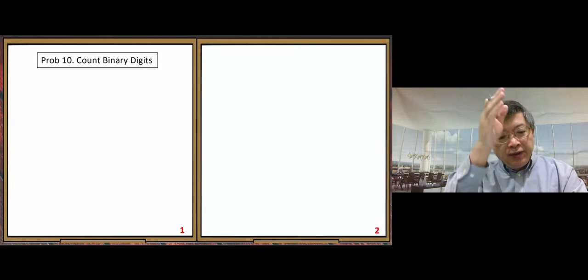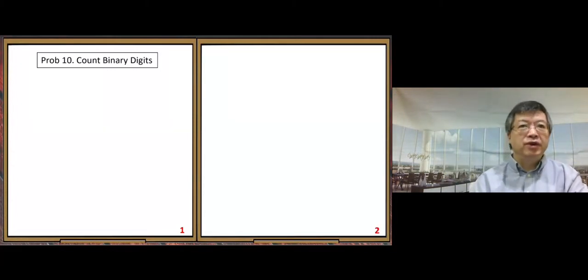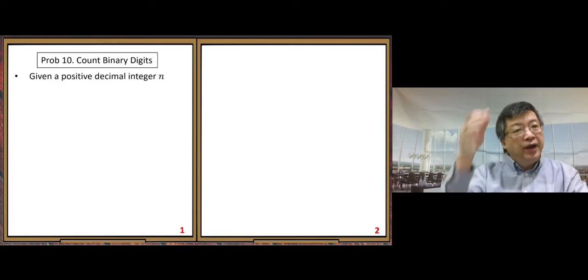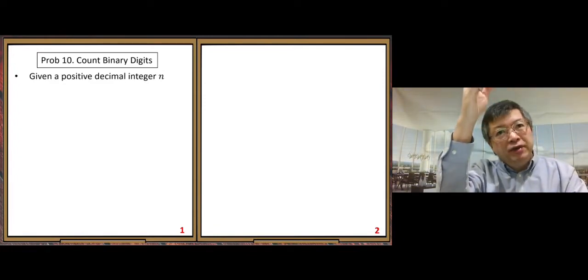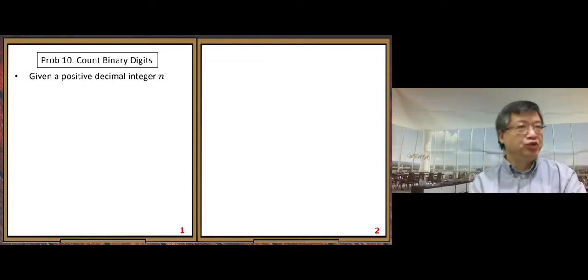Problem 10, count binary digits. Let me give you the question first. Given a positive decimal integer n, just the usual positive integer we are using.